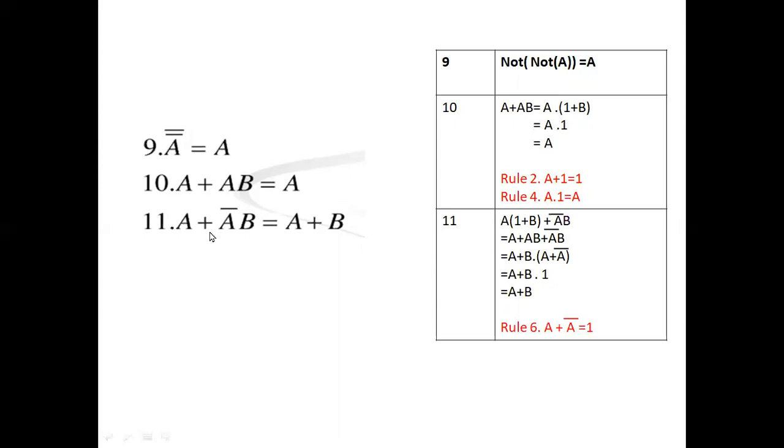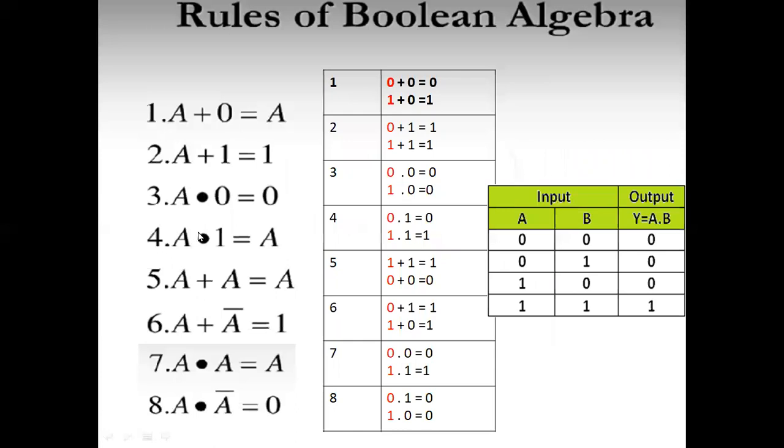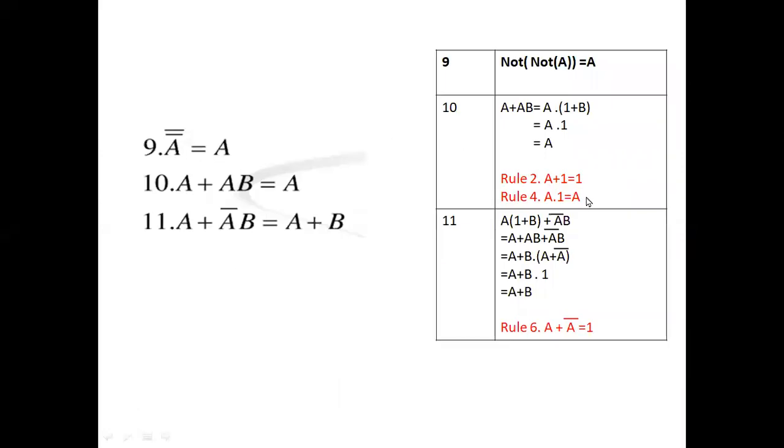That is 10th rule. And 11th rule is A plus A complement B is equal to A plus B. Okay. So here I am going to multiply A with 1 plus B, because 1 plus A is equal to 1. So I am going to multiply A with 1, it won't change the answer.